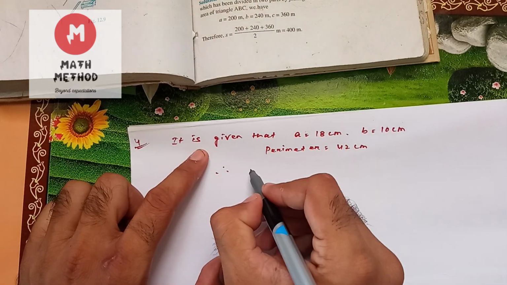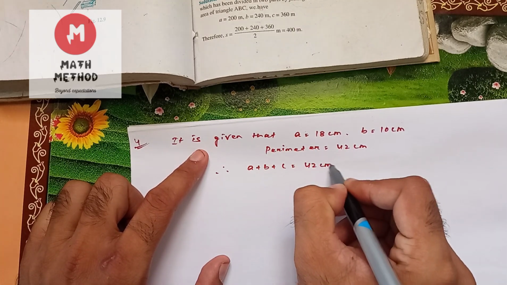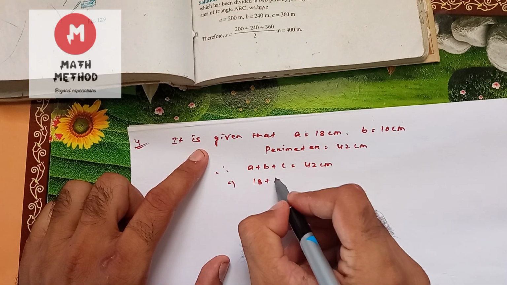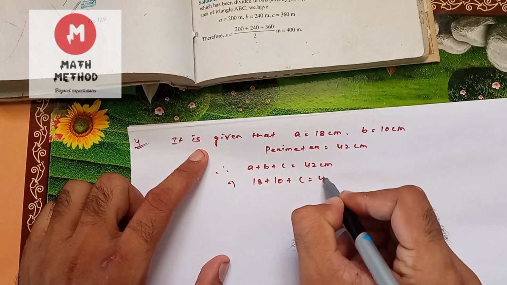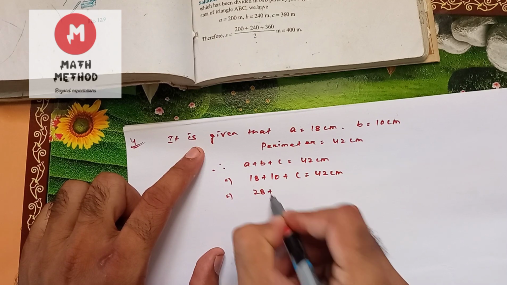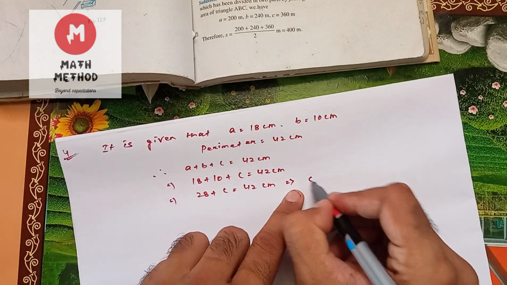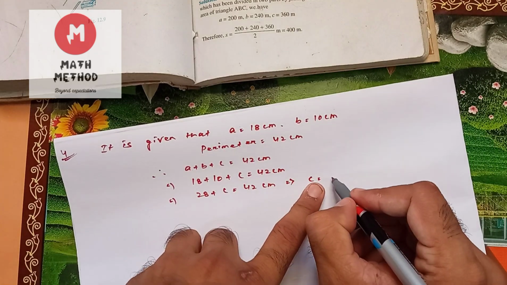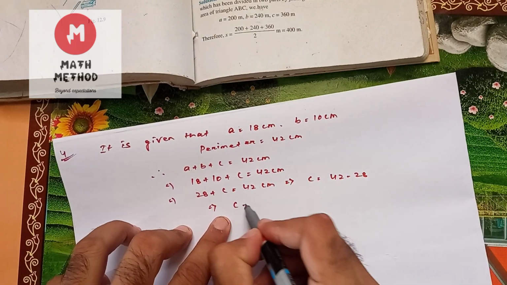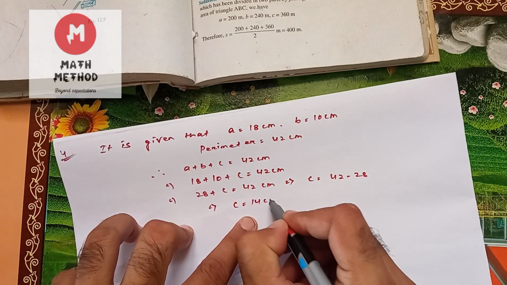Therefore A plus B plus C is equal to 42 centimeter, implies here A is equal to 18 plus 10 plus C is equal to 42 centimeter, implies 18 plus 10 28 plus C is equal to 42 centimeter, implies C is equal to transpose 28 to RHS, 42 minus 28 implies C is equal to 42 minus 28 is equal to 14 centimeters.